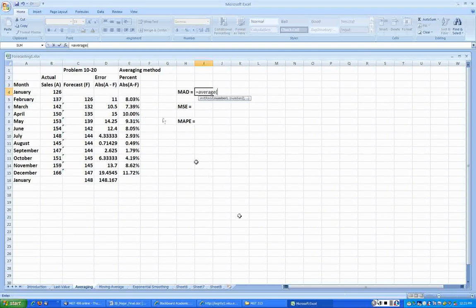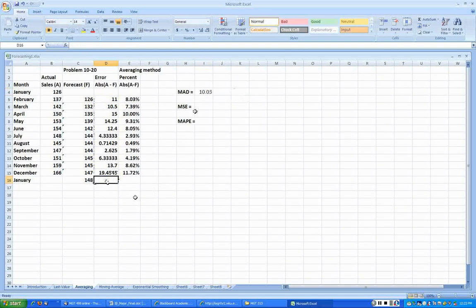This is the average of that column. This should not be there because we don't have anything there.